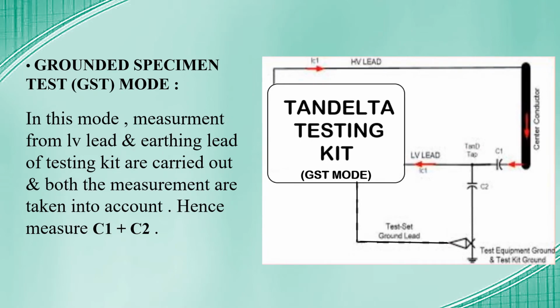Now the second test mode is the grounded specimen test mode, also called the GST mode. In this mode, it measures both values, that is C1 and C2, meaning the degree of insulation of the main insulation as well as the oil insulation is measured in this test.